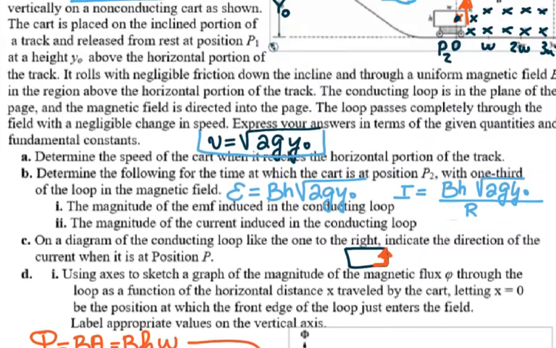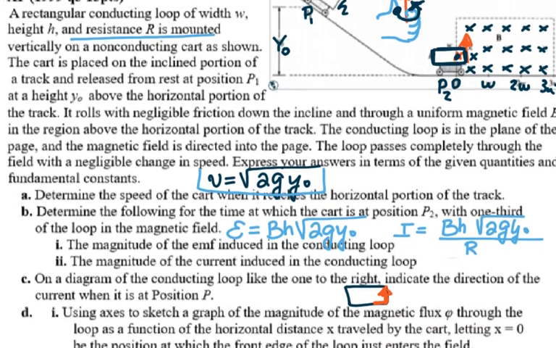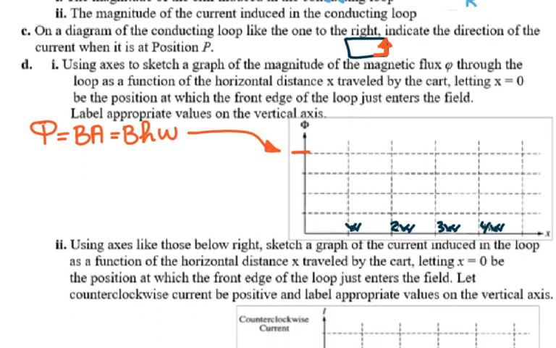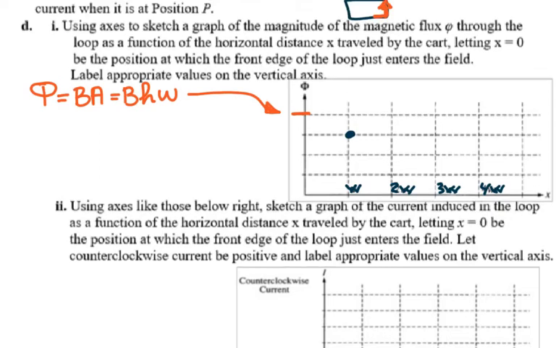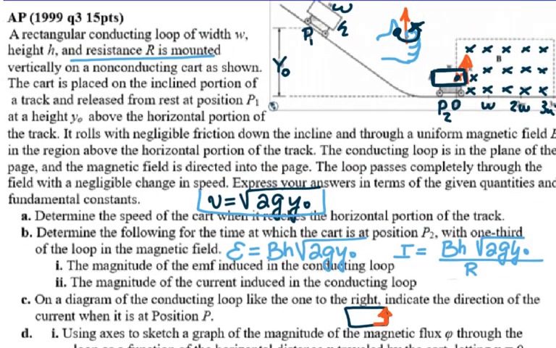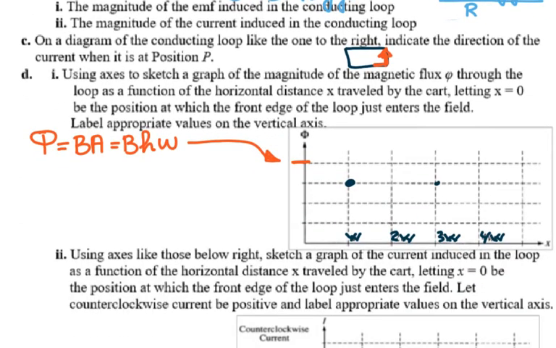So if I go to my graph, this is the width of the loop, and this is the height of the loop. So I will have the maximum value of the flux when it is fully in the magnetic field, and it will stay there. If you see, it's going to be until 3W, so it has to stay there until 3W.